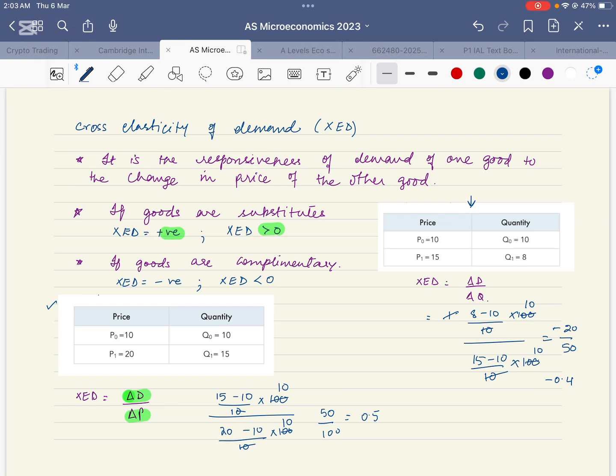When the price of one good increases, the demand for the complementary good also decreases, because the law of demand says that when price increases, quantity demanded decreases. So when the price of a complement good increases, the quantity demanded for the other complement good also decreases.